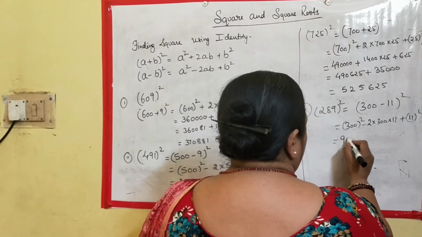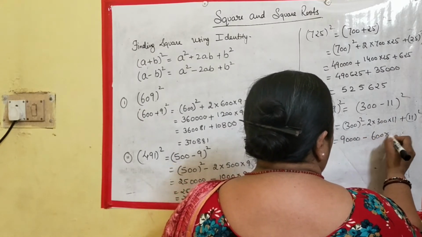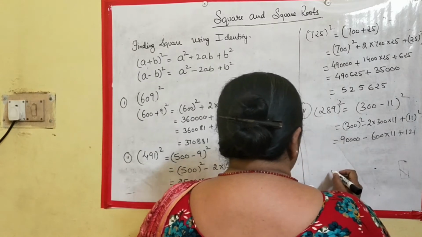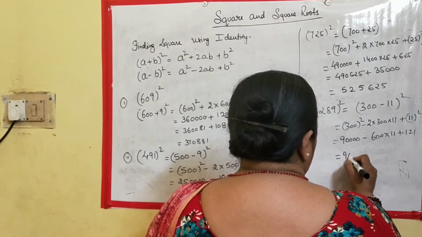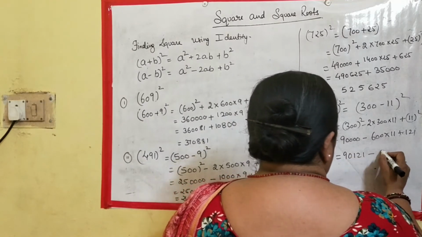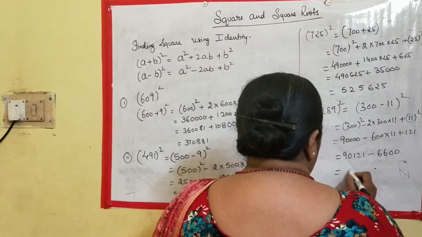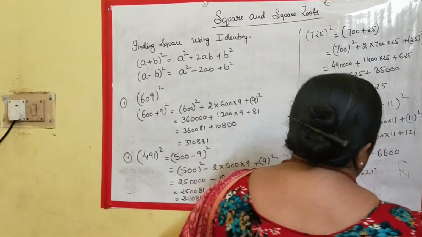This becomes 90000 minus 600 into 11 plus 121. 11 square is nothing but 121. So this becomes 90121 minus 6600, which will result to 83521.